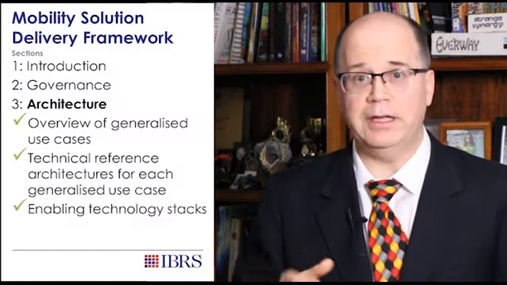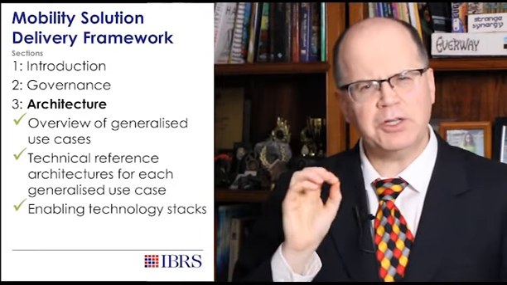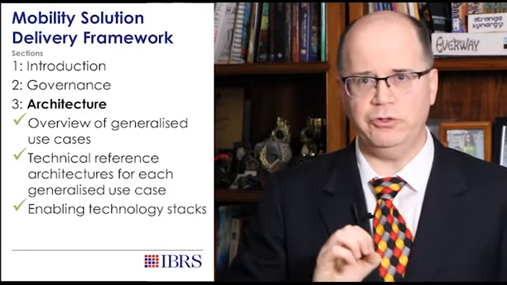You then need to have a section on architecture, and this is where things get very interesting. A lot of organizations focus on a technical architecture, thinking that their mobility environment is just one big collection of apps. It's not. It's actually much better to use what we call generalized use cases.